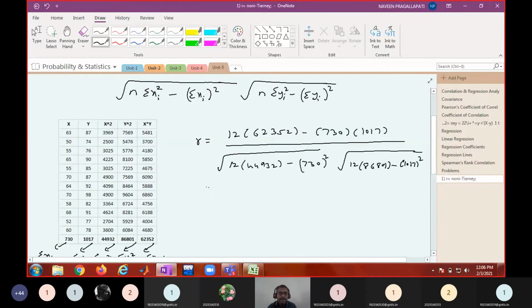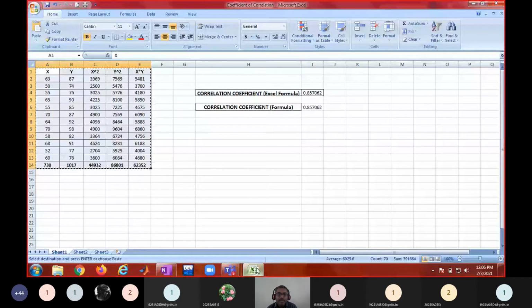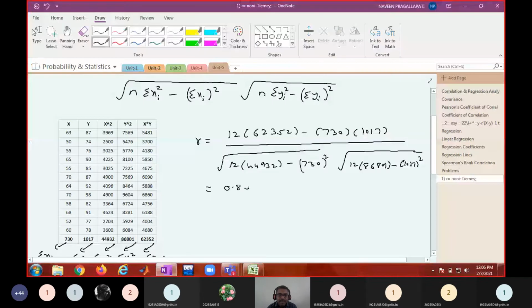When I do this, what is the value you will get? 0.8570, or if you round to 4 decimals, 0.8571. Is this okay?